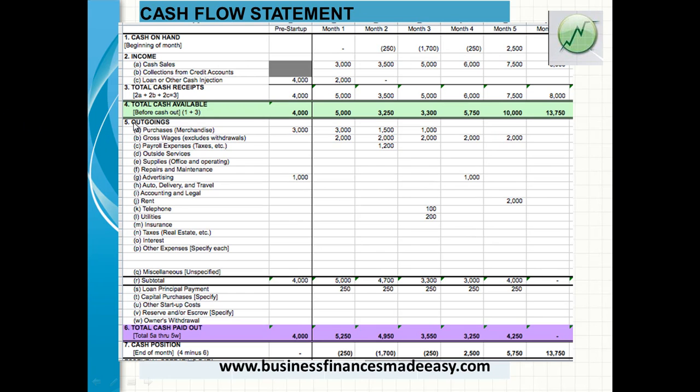These are the expenses that you had to pay straight away in order to keep your business running. At the end, you have a subtotal of how much cash you have left. How much do you have left in order to also pay your loans?